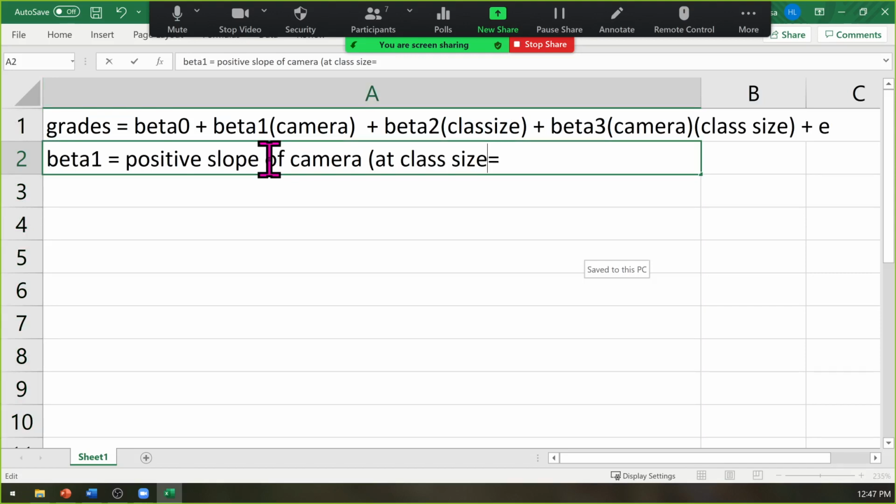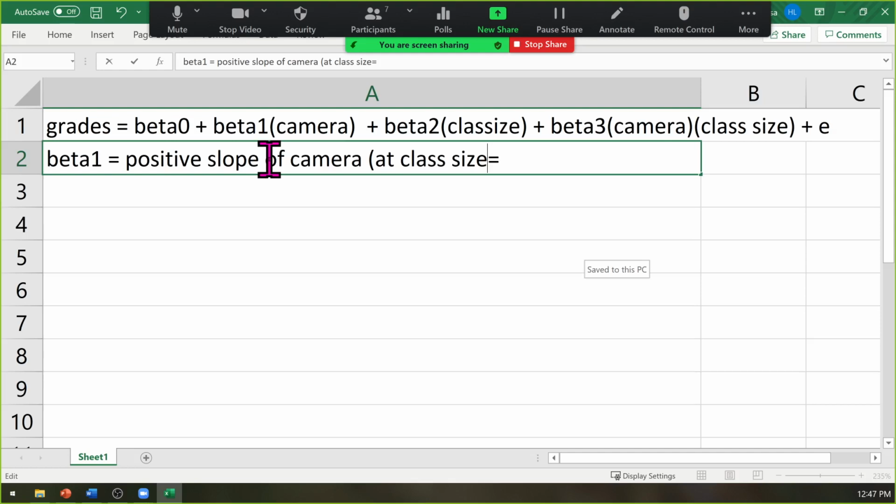What do you think about beta 2? Positive slope, negative slope, or 0 slope in my little story here? Negative slope. Do you think it's harder to get good grades in a bigger class? In a bigger class, you probably get a decent percentage not doing so well on exams, and not doing so well in terms of grades.